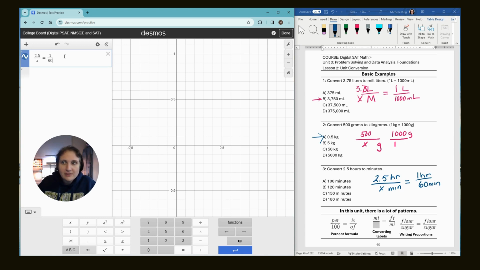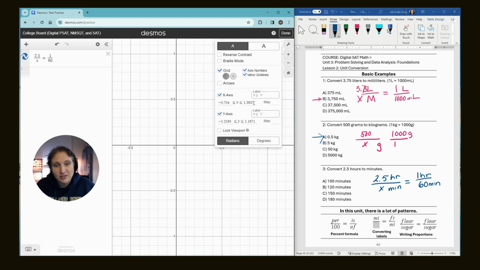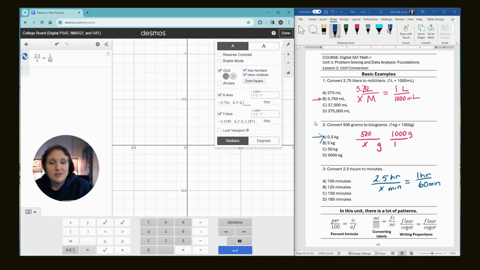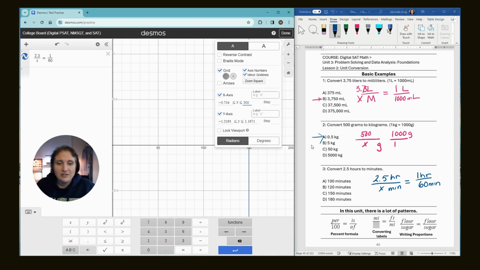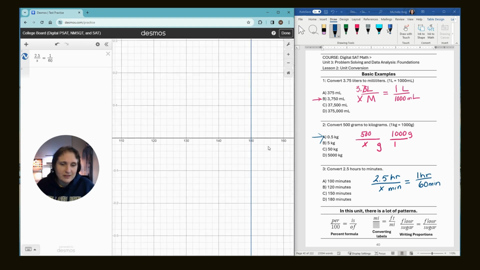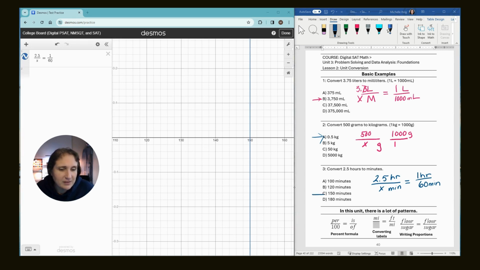I don't see my answer. Well, you can change it. I'm going to hit the wrench, and I'm going to just type in 200, because our biggest number is 180. When I do that, there it is, 150. I kind of zoomed in too fast. 150 minutes.